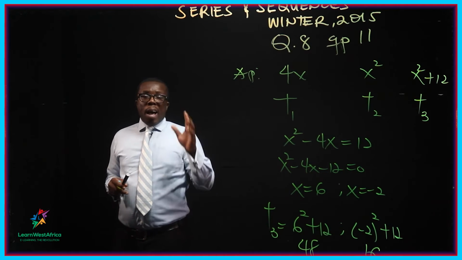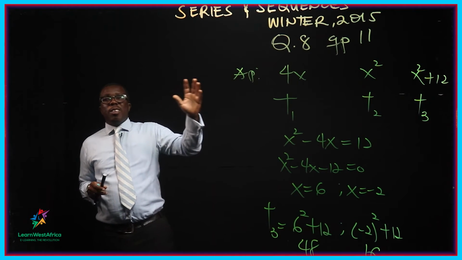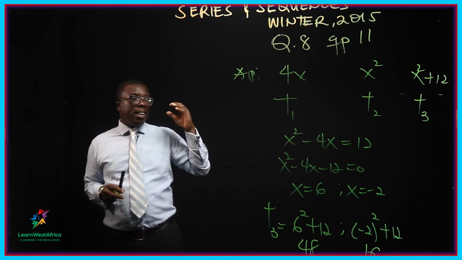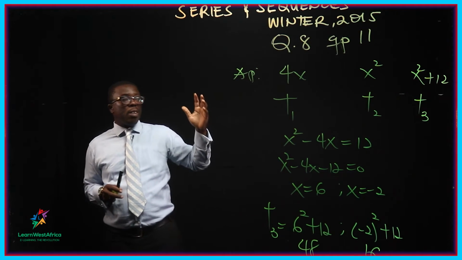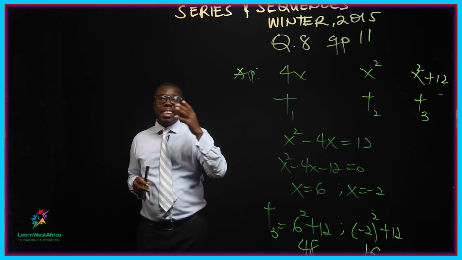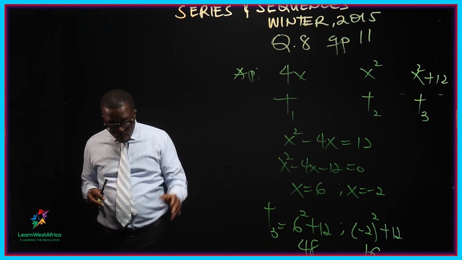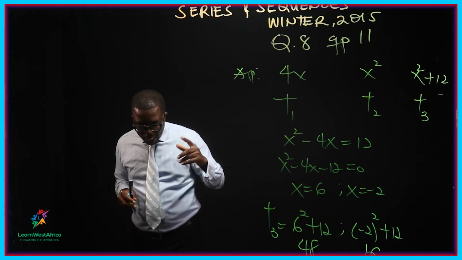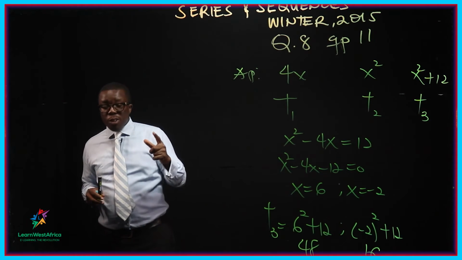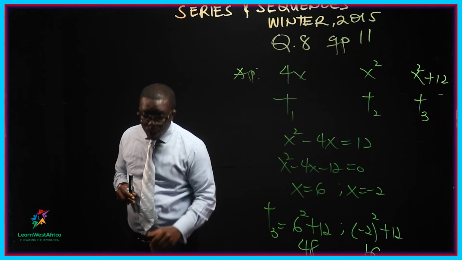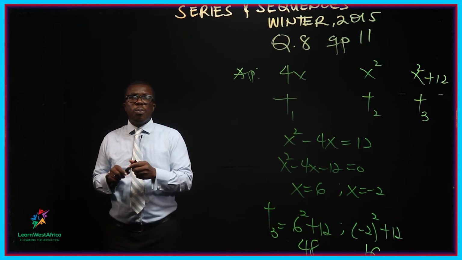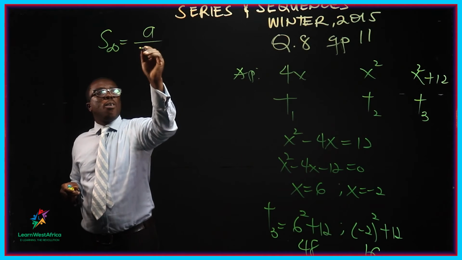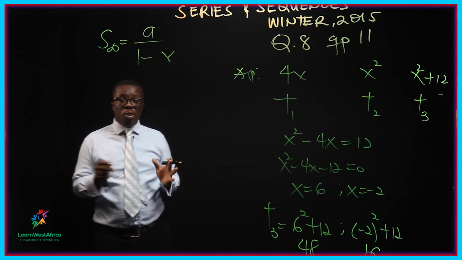The II part mentions that with the same preamble given, where your first term T1 is 4x and your second term is x squared, we are told that if it were a geometric progression and the sum to infinity was 8, we want to find the third term. So we know for a geometric progression that the sum to infinity is a over 1 minus r, where r is the common ratio.